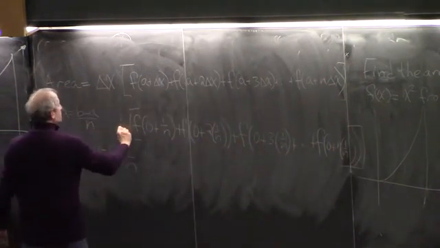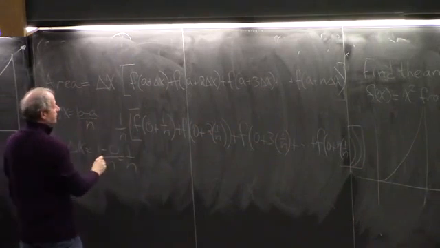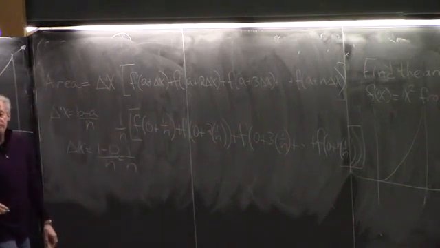The width of each of these is 1 over n. That's what we're working with.